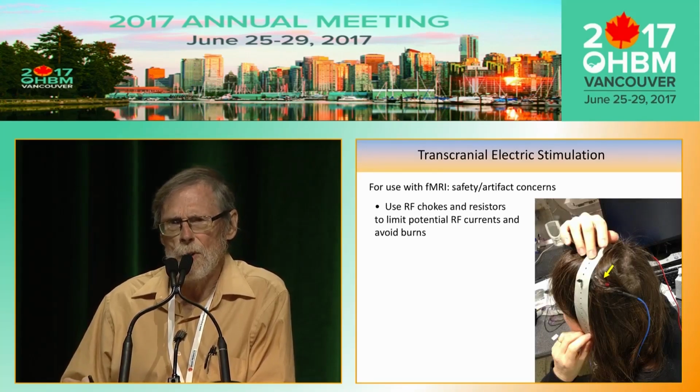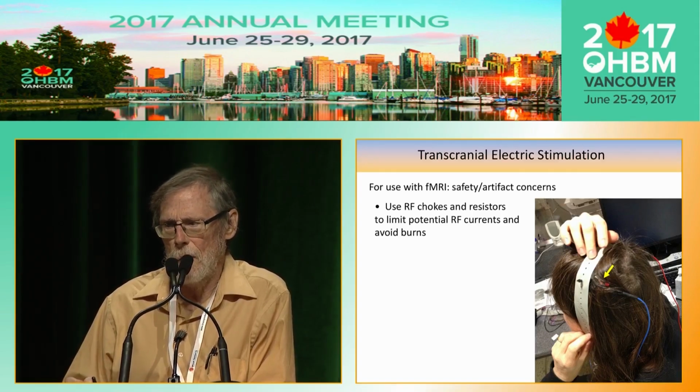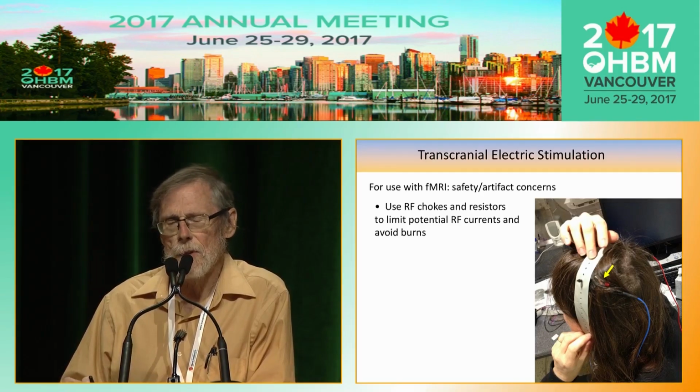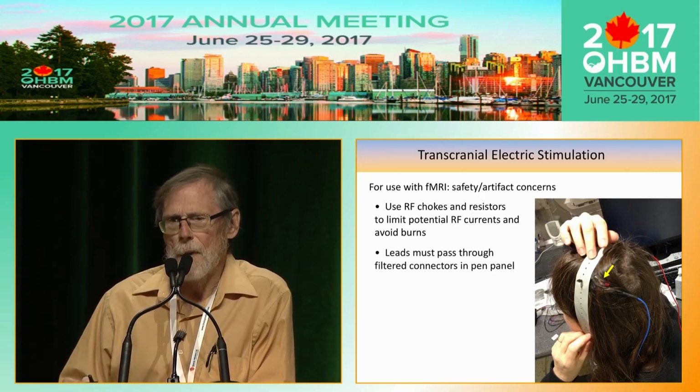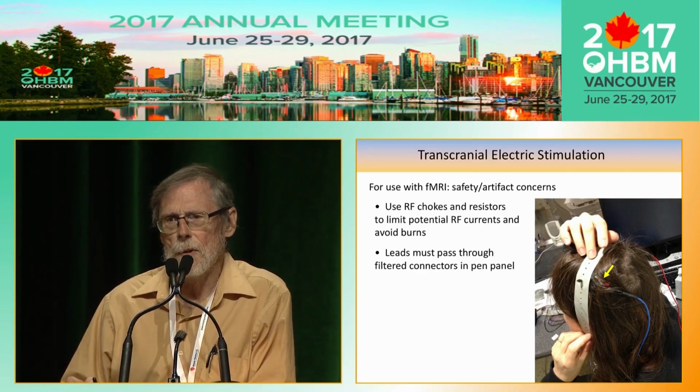one has to worry when you put such a system in the brain, in the fMRI, because of induced RF currents that could come along the electrodes. So one uses resistors and inductors and so on to make sure that you don't burn up the person, because that's not good. You can also worry about inducing artifacts in the images, so that you have to filter things and so on.